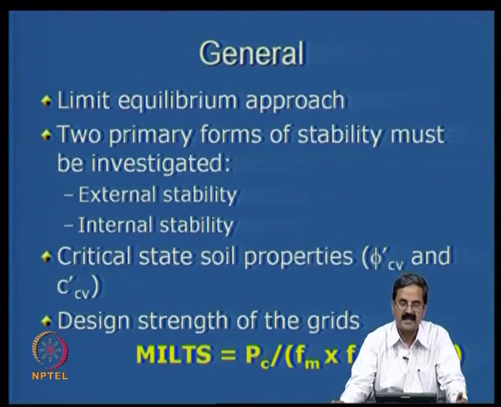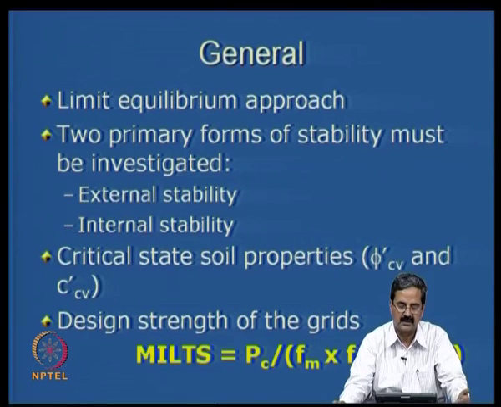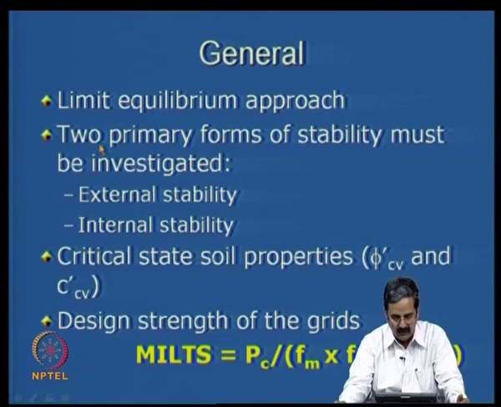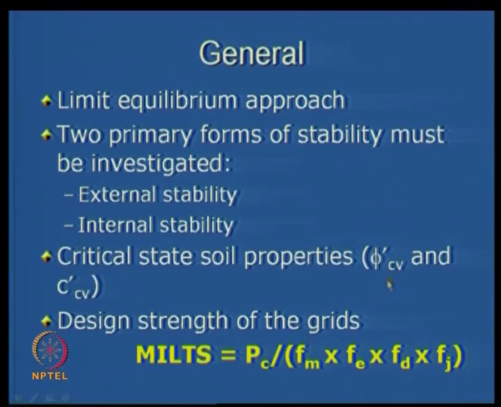So, how do you go about design, particularly when you are trying to use the reinforced soil technique? Here we use a limit equilibrium approach. We need to look for external stability and internal stability, and the properties of the backfill will be the friction angle at constant volume, phi and c.